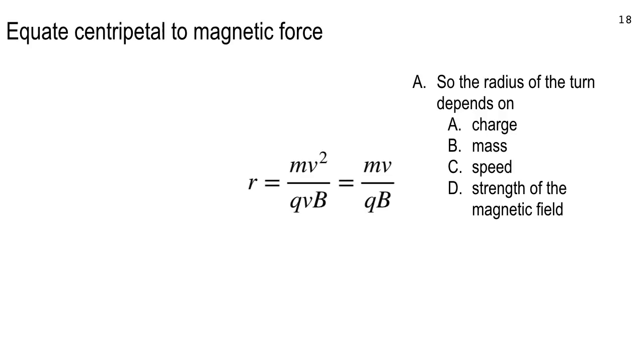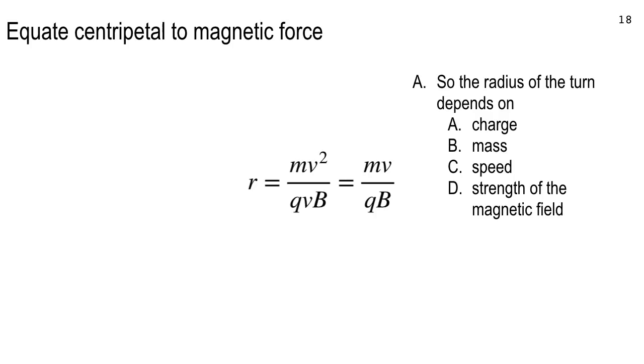So if you're looking at something and you can measure the radius of it, that will allow you to backtrack and maybe figure out the momentum, or the speed, or the magnetic field, or maybe the mass of the object. Because a radius is something that you can measure.